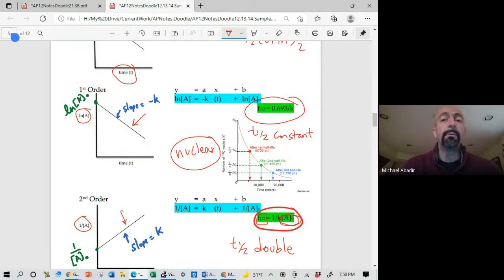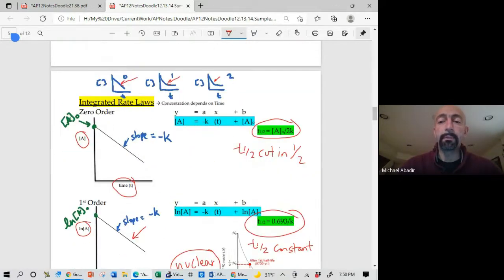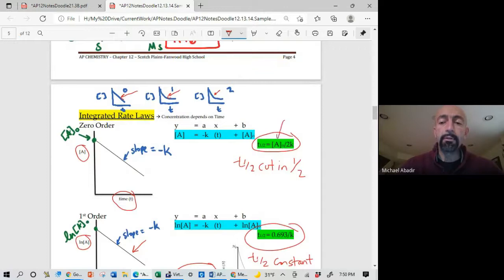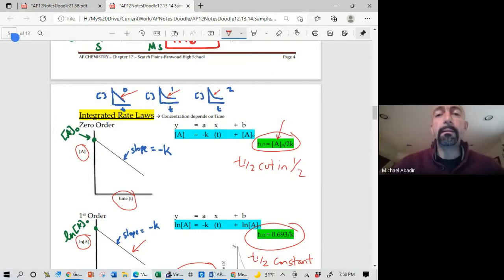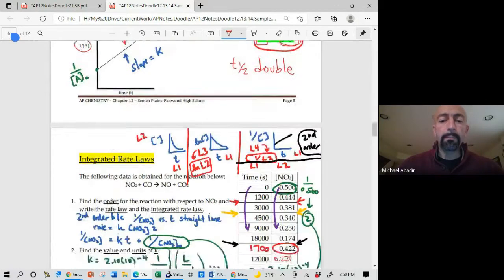So no matter how much amount you have, it's not going to change the half-life because there's not even an A0 in the half-life equation. And since the A0 is in the numerator here, then every time it cuts in half, the t1/2 will also cut in half. So again, that's a really good tidbit to have for what we're going to do next.